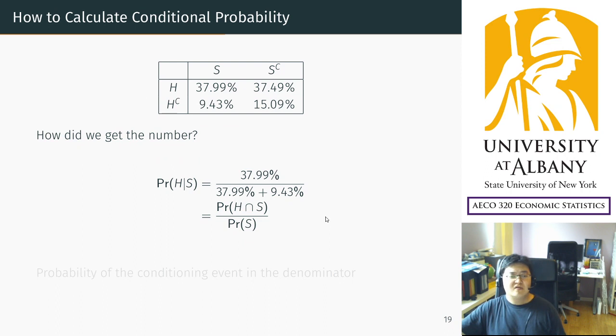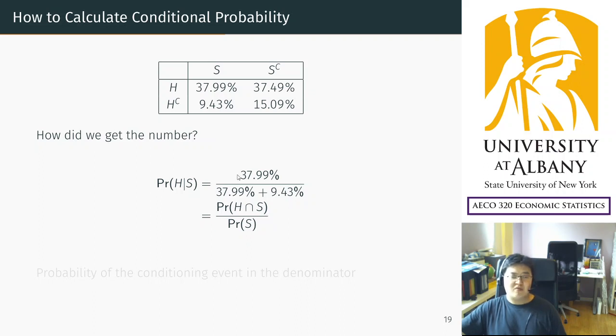Now then, we may formulate this idea by going back to how we got these numbers. So we used these probabilities, and these probabilities can be replaced by their notation.